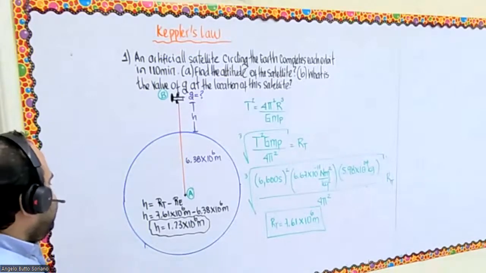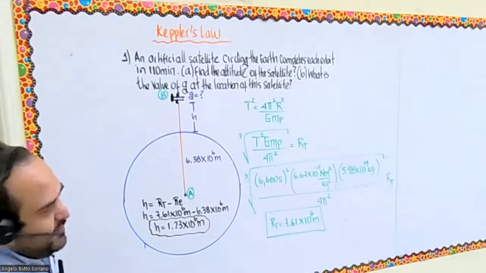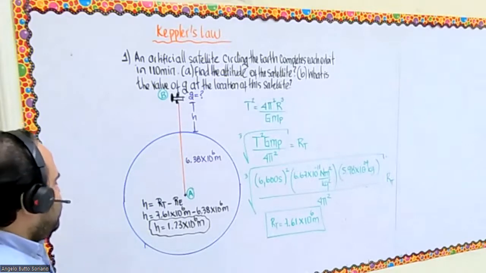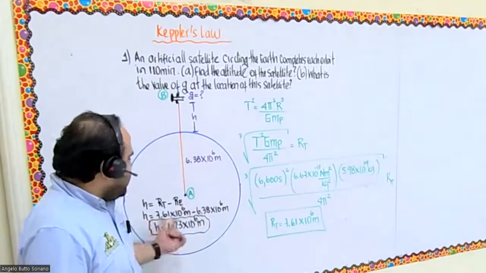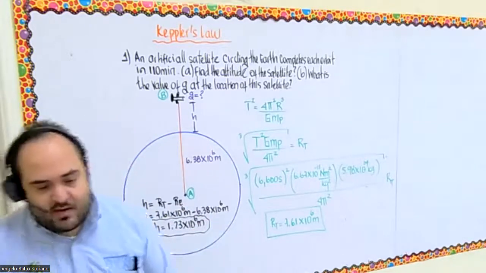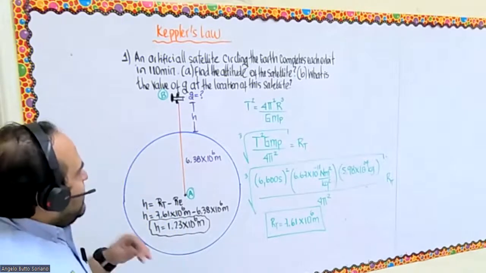We're talking about 1.23 times 10 to the 6th power meters, or if you wish, 1,230 kilometers above the Earth's surface. And obviously, this distance plus the radius of the Earth gave us 7.61 times 10 to the 6th power meters. That was the first question.